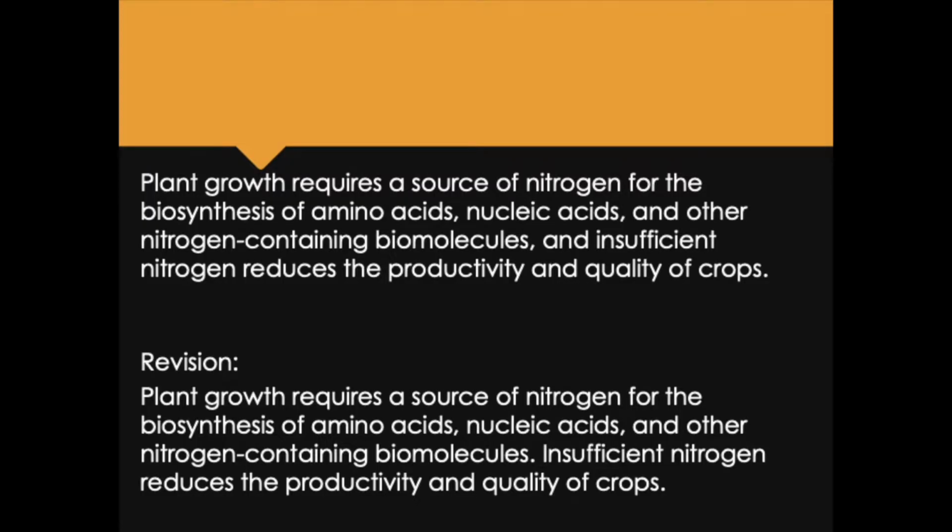The sentence says, plant growth requires a source of nitrogen for the biosynthesis of amino acids, nucleic acids, and other nitrogen-containing biomolecules, and insufficient nitrogen reduces the productivity and quality of crops. So that's clearly two ideas. So one is what the nitrogen is required for, and the second idea is the consequence of insufficient nitrogen.